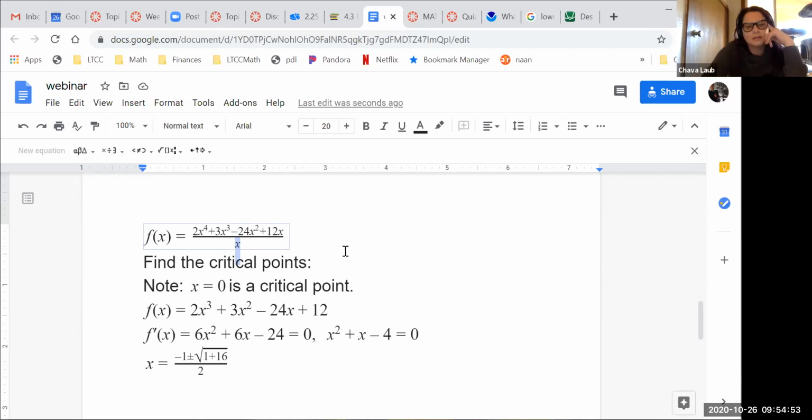It's undefined. Exactly. And undefined means not differentiable. Not differentiable was number 1 for looking at critical points. The function is differentiable everywhere else. 0 is the only issue, right? Because with a rational function, the only issue is where the denominator equals 0.